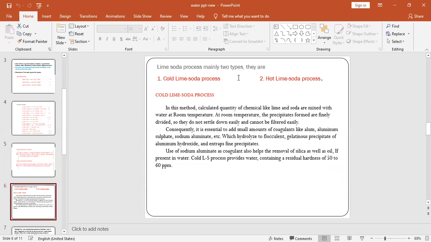The lime soda process has mainly two types: one is the cold lime soda process, the second one is the hot lime soda process.